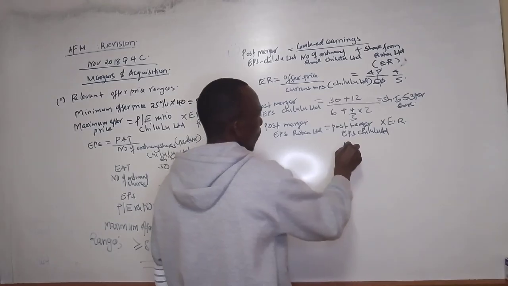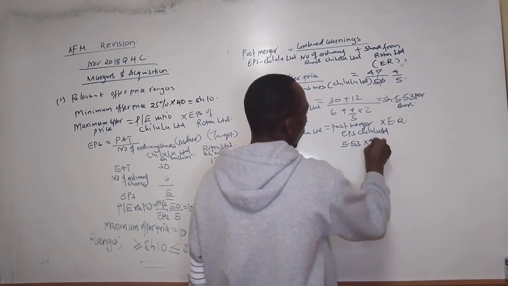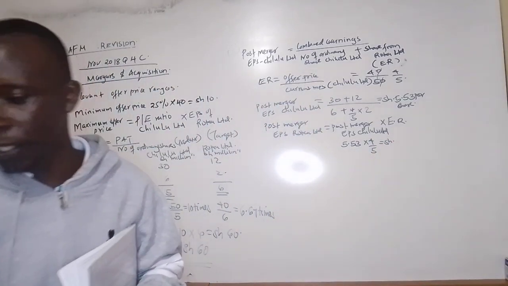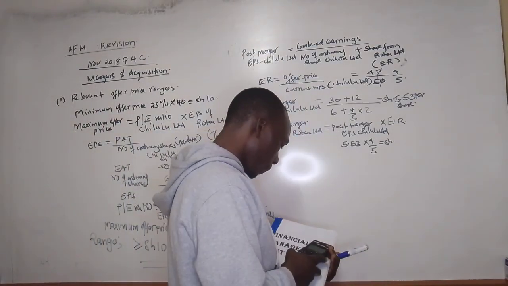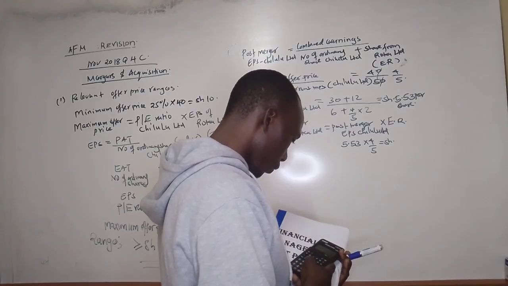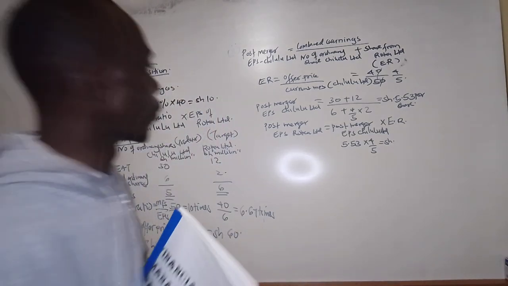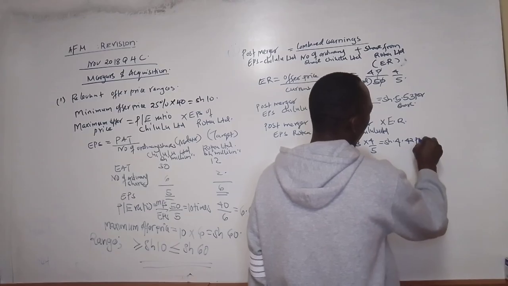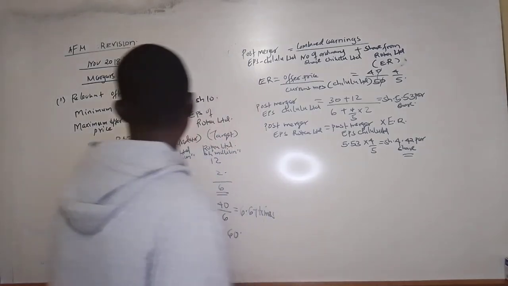So we take 5.53 and multiply by 4 over 5, which should give us 4.42 per share. That is how you are supposed to compute Roman 2.